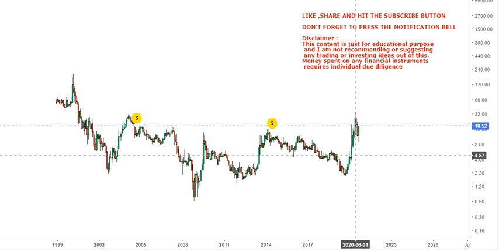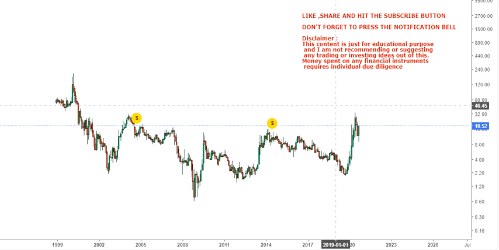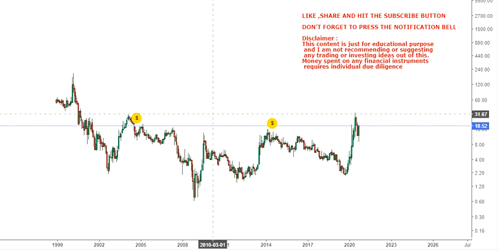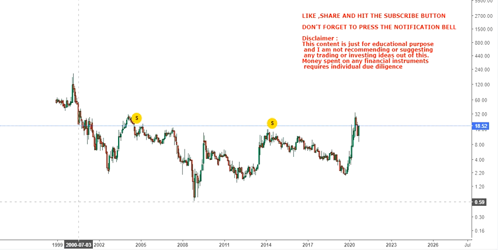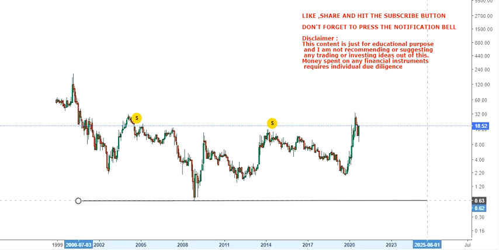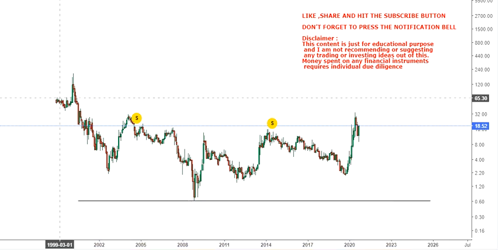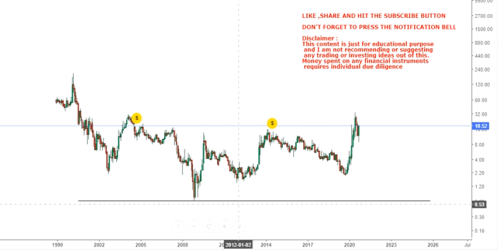But what has happened because of this is the stock has made some important breakouts in the overall trend of this particular stock. So let's understand that the data we have for this particular stock in the long term is for more than 20 odd years.